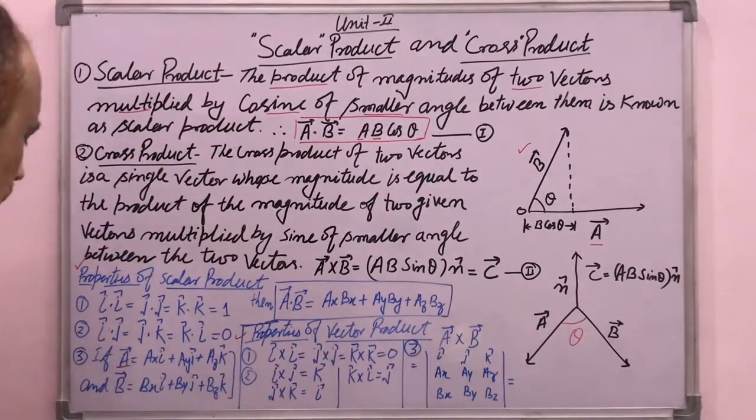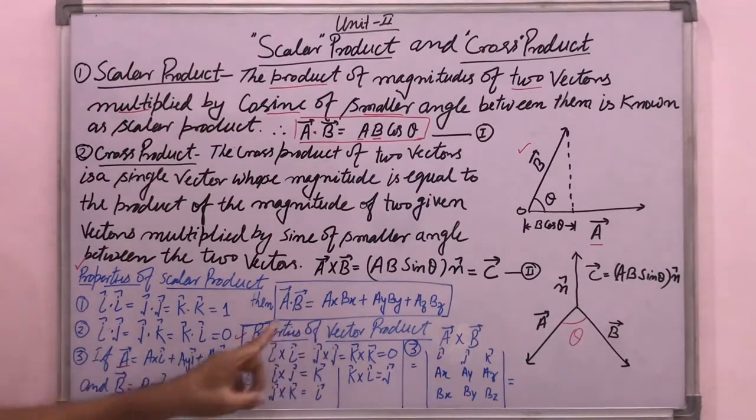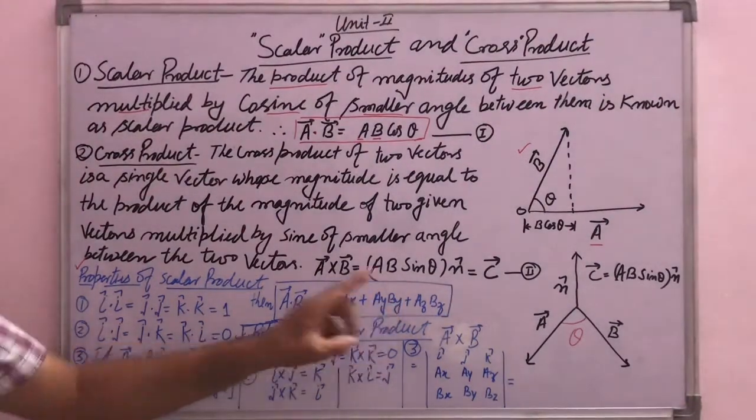How can you find this? When these are multiplied together, i dot i is equal to 1, so we get AxBx. Similarly, when Ay j and By j are multiplied under the dot product, j dot j is equal to 1, so AyBy is the second term.